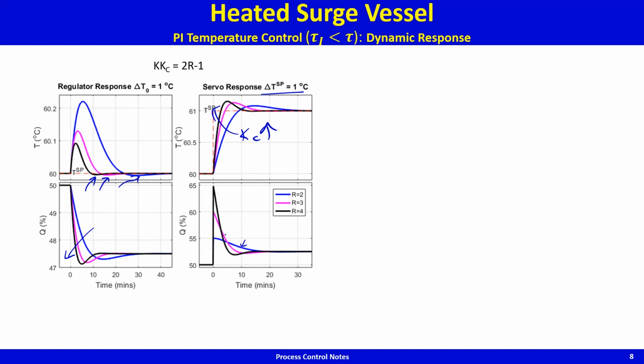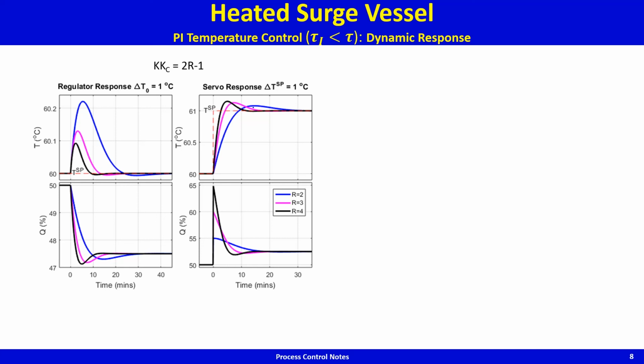As Kc is increased, your control gets tighter and you get a very clear undershoot in the regulator response. Here also there's a slight undershoot if you see closely. In both responses you do get visible undershoots, and that's because of the sine part of the response curve.